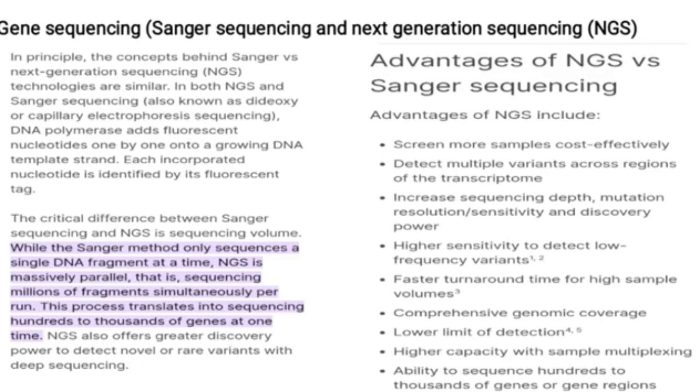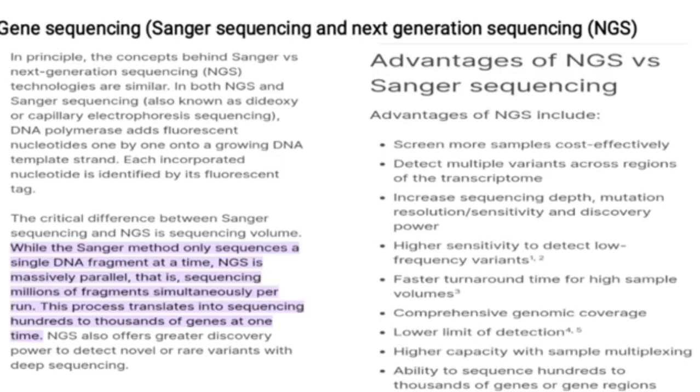Okay, so this is the similarity between the two of them. Their principle involves fluorescent nucleotides being added by DNA polymerase onto a growing template strand. So the fluorescent tag is what enables you to identify the nucleotides.